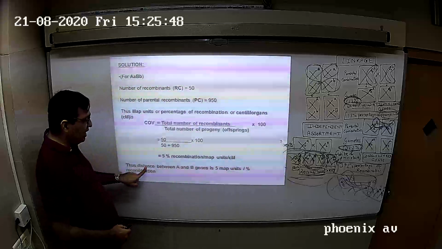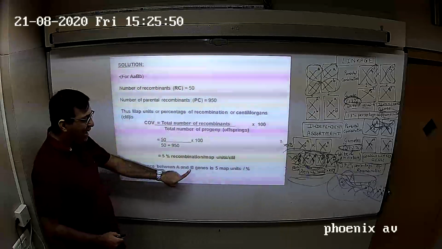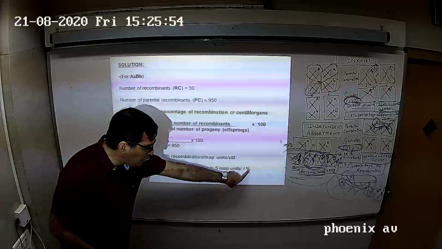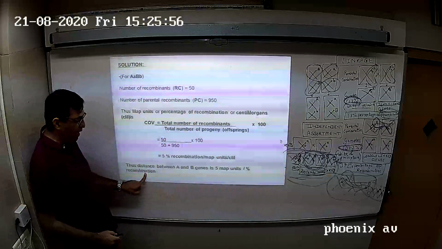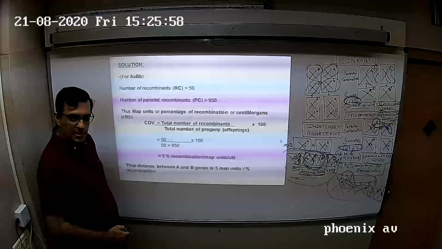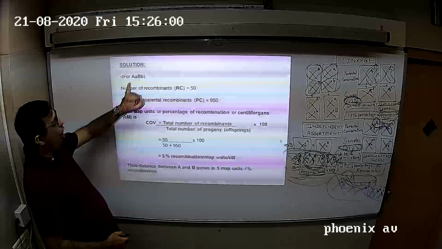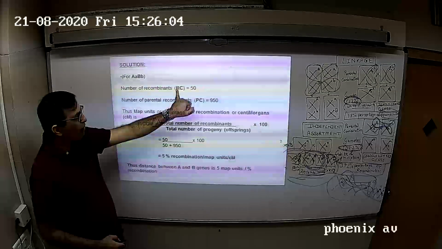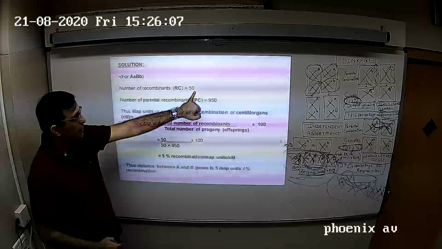That means the distance between A gene and B gene is 5 map units or percentage recombination or centimorgan.